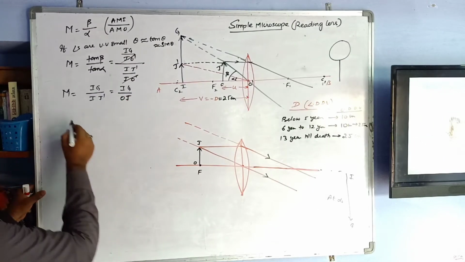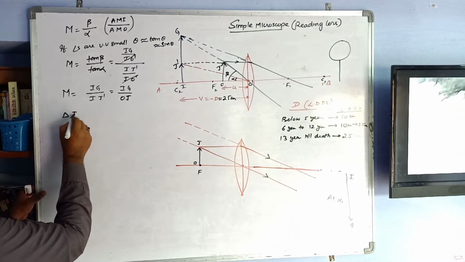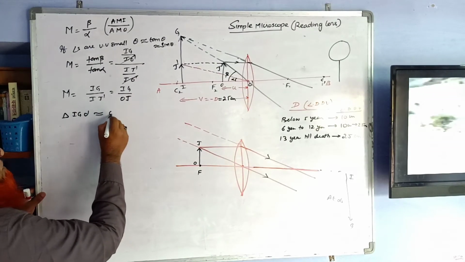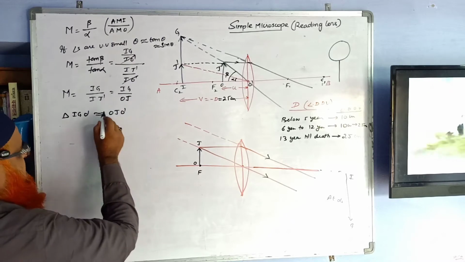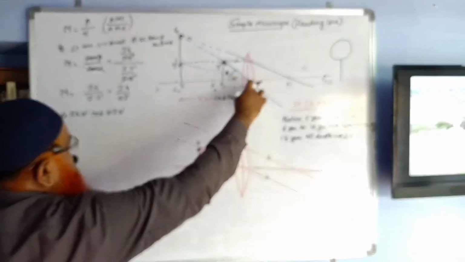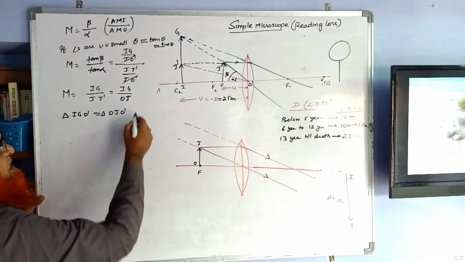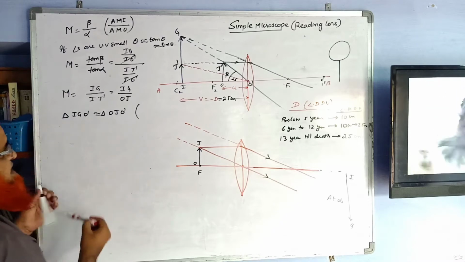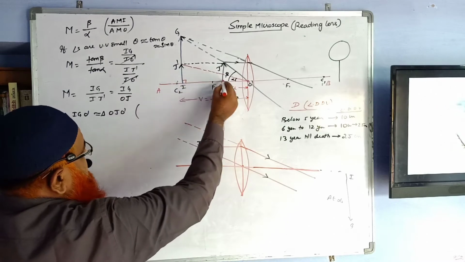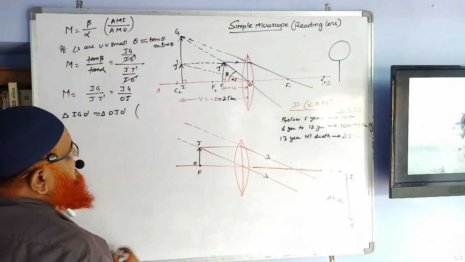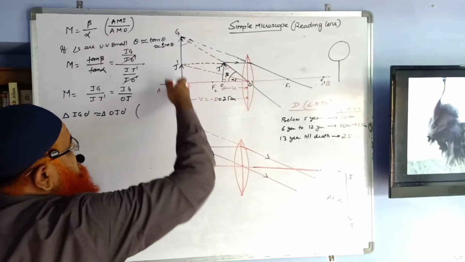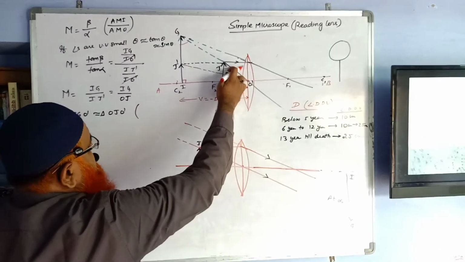Ig by Oj. Next, if you imagine triangle IGO dash, it is similar to triangle OJO dash. Why are they similar triangles? Because these lines are parallel, these two angles are exactly 90 degrees, and these two are corresponding angles because the lines are parallel.